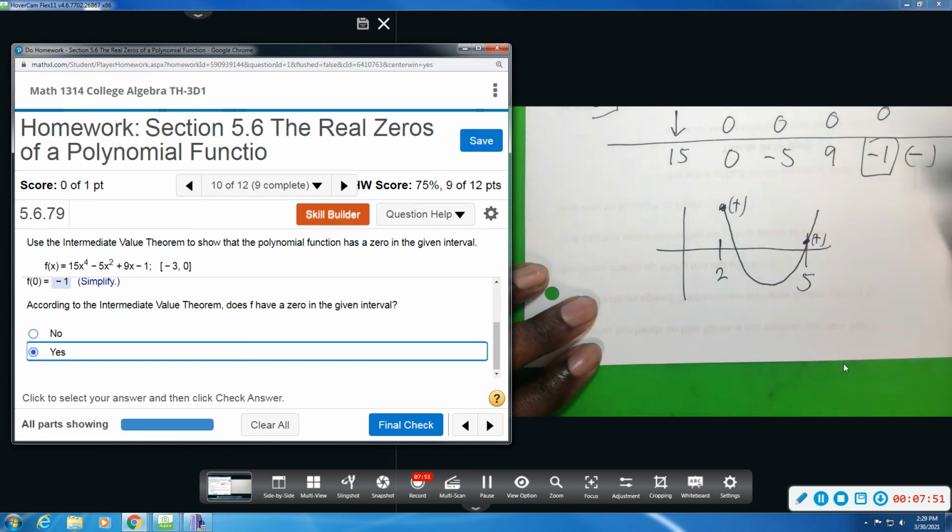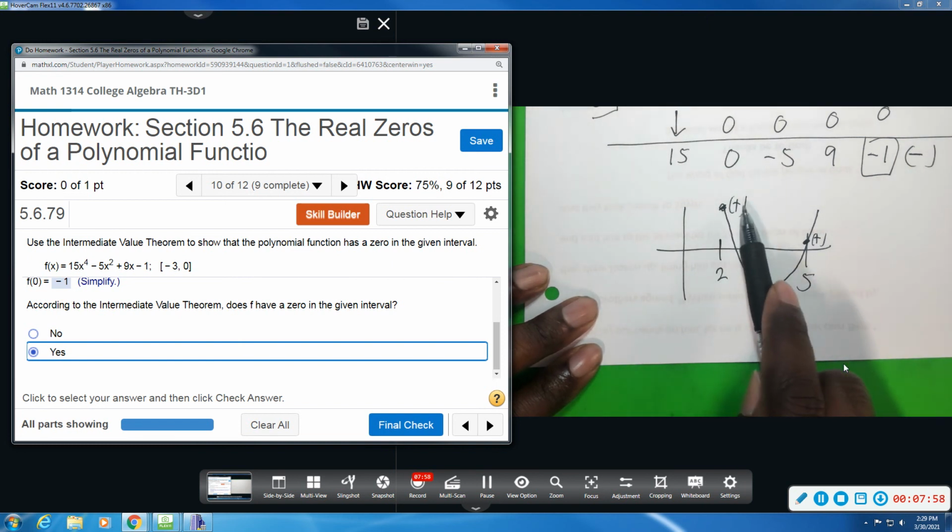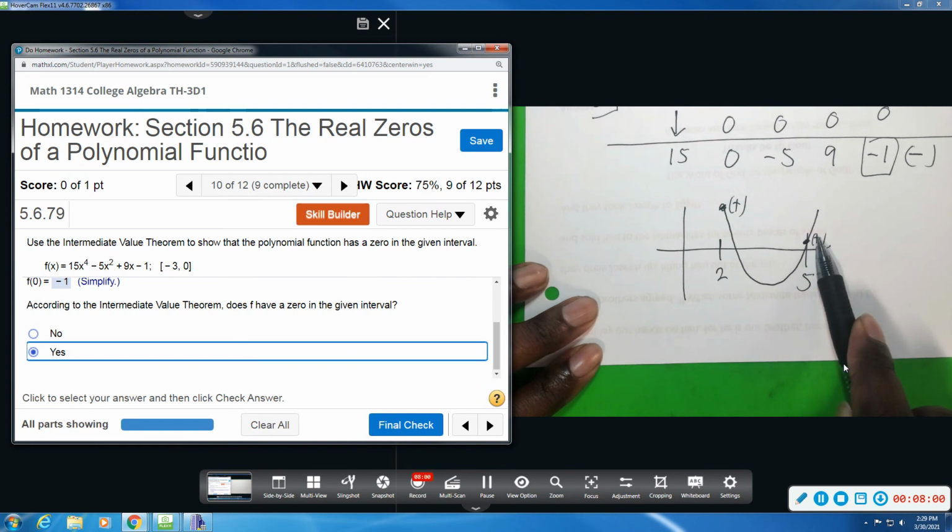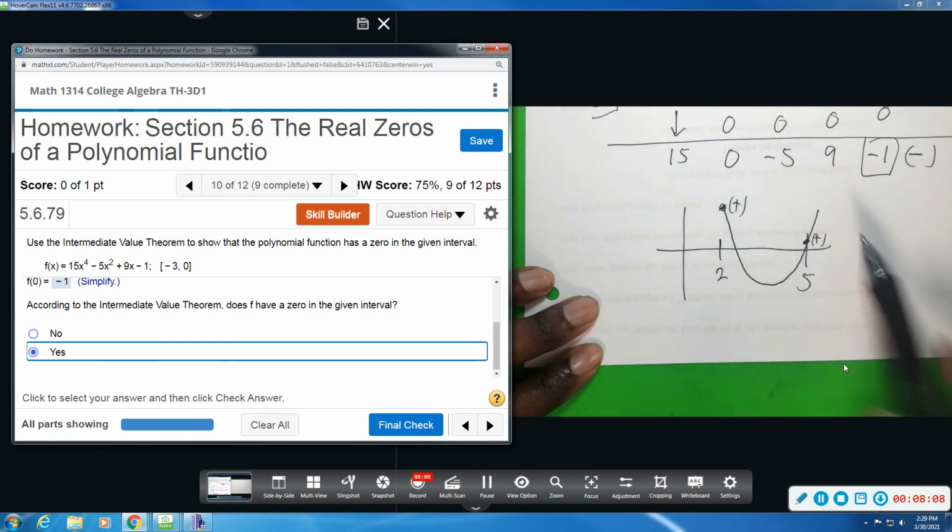Now, if we look at the graph, we can see it goes below, but just by doing intermediate value theorem, we would not be able to tell because both the signs are the same. The only way we know if there's a 0 is if the signs are different. So if the signs came out the same, either both positive or both negative, then the intermediate value theorem would be inconclusive, okay?